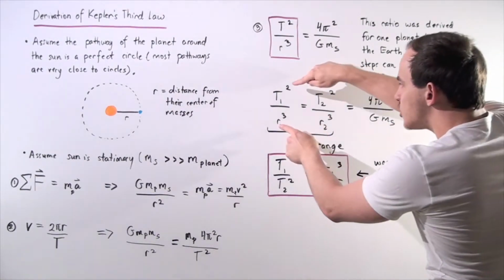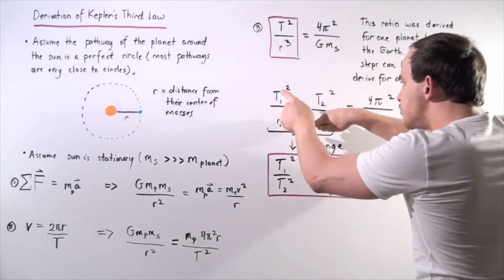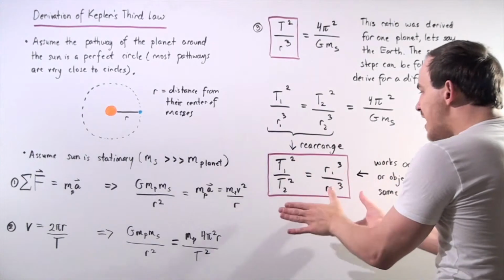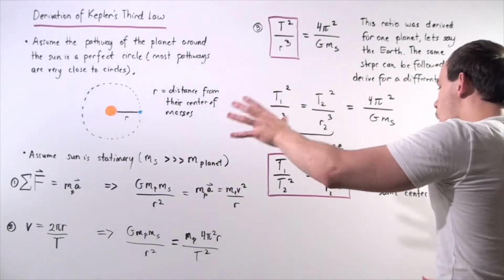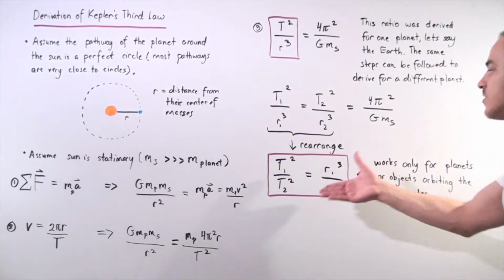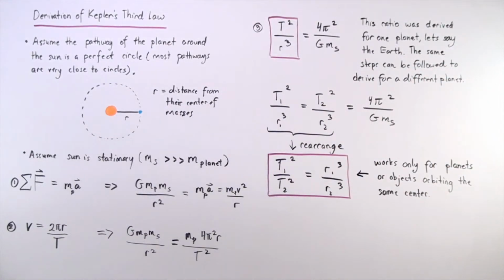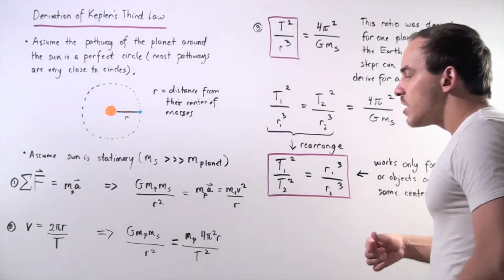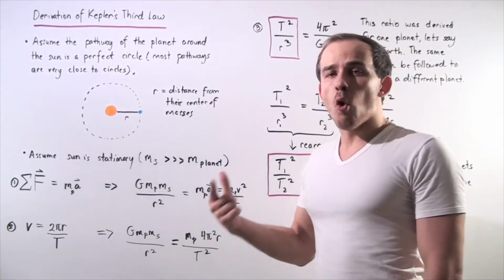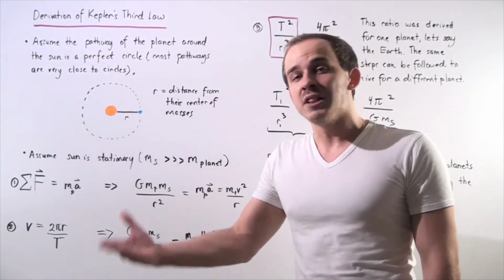So if we take this equation and we rearrange it, we get the following equation, which is exactly identical to Kepler's third law of motion. Now notice that this equation only works for planets or objects orbiting the same center. For example, I can use this equation to compare the orbit of Earth to the orbit of Mars or some other planet.